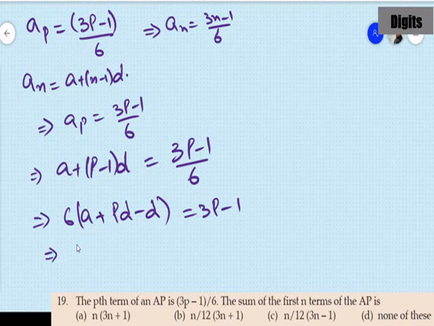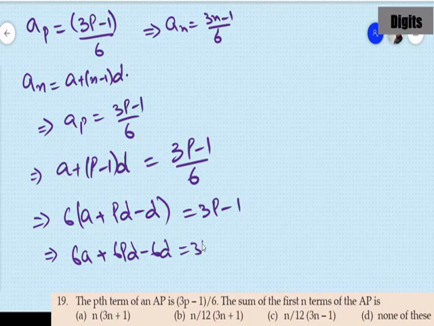Now we will multiply again these terms. It will be equal to 6a plus 6pd minus 6d equal to 3p minus 1. We will take d as common.